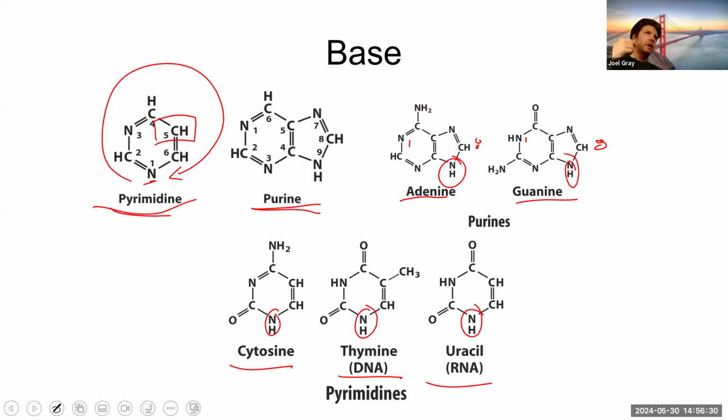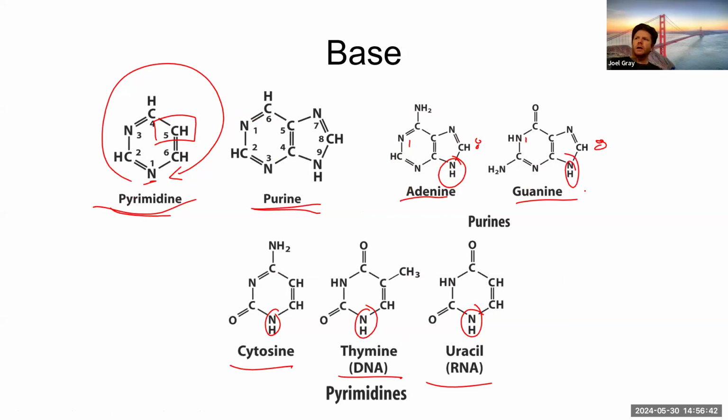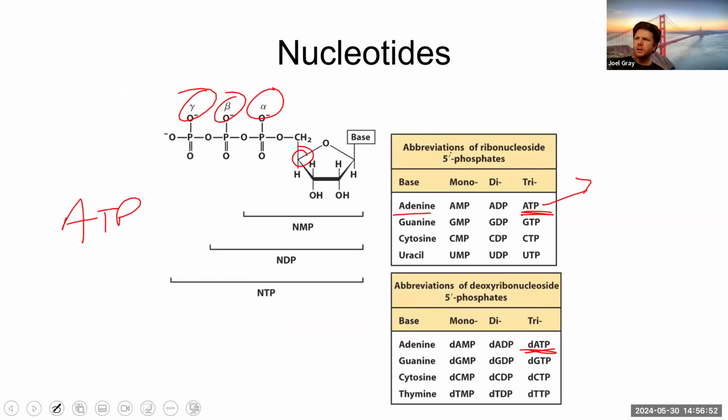So if we talk about a nucleotide, something like ATP, A or adenine, that is a purine. So the linkage that connects this nitrogen to that right there, there are a couple of things you need to know. One, it is a glycosidic linkage.